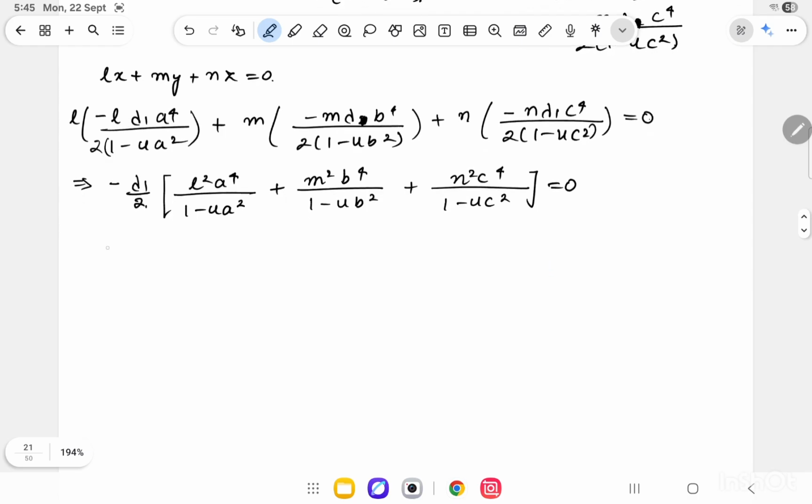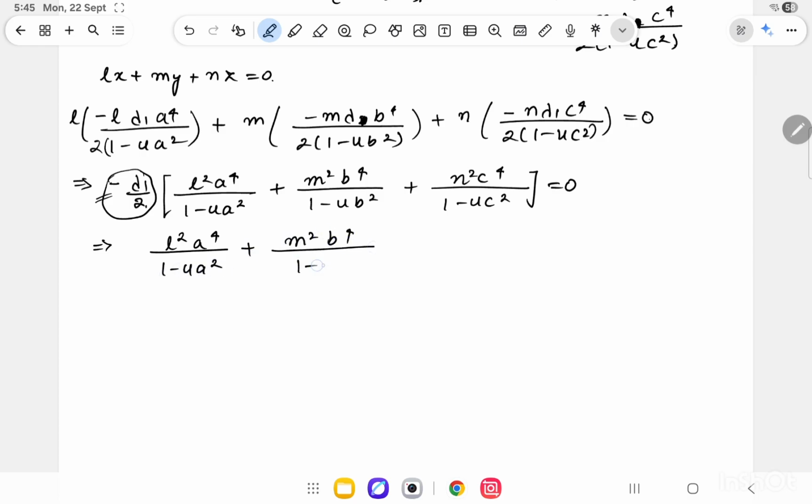So from here, this is just a constant thing, so I can just eliminate it. So the relation left with me is L square into a raised 4 divided by 1 minus u a square plus m square into b raised 4 divided by 1 minus u b square plus n square into c raised 4 divided by 1 minus u c square equals to 0.